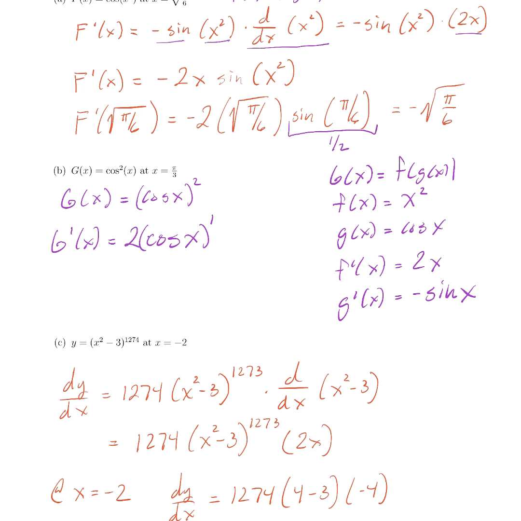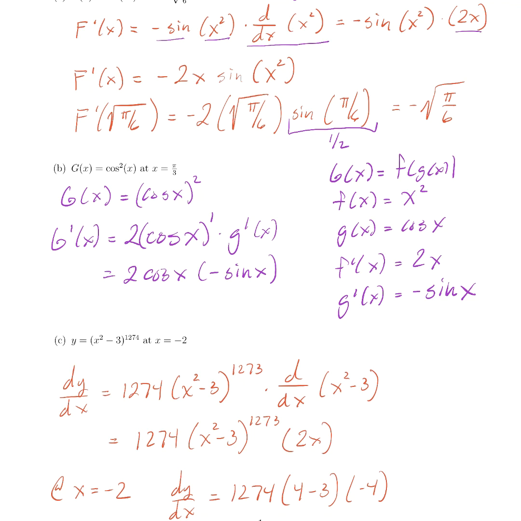The 2 came down, we went to one less power, and then we need to multiply by the derivative of g, g prime of x. And g prime of x is the derivative of cosine, which is negative sine. So we get 2 cosine of x times negative sine of x.